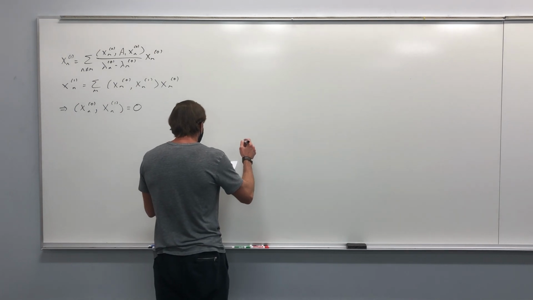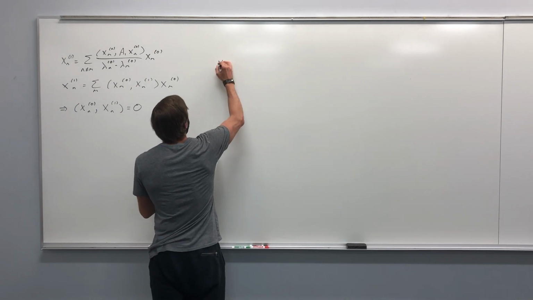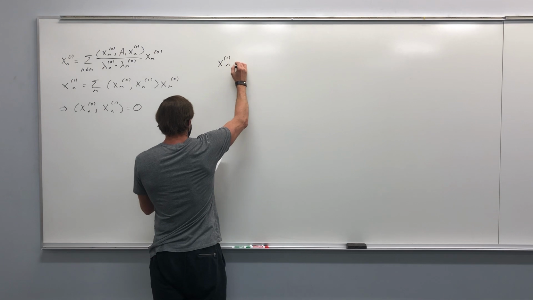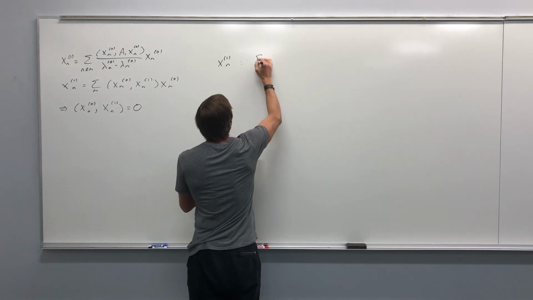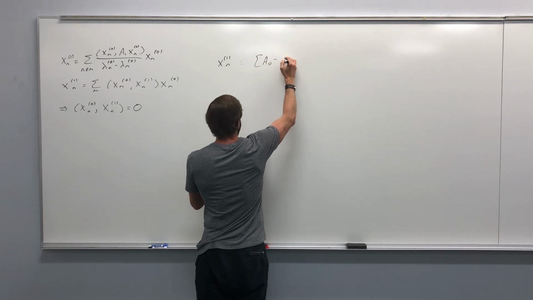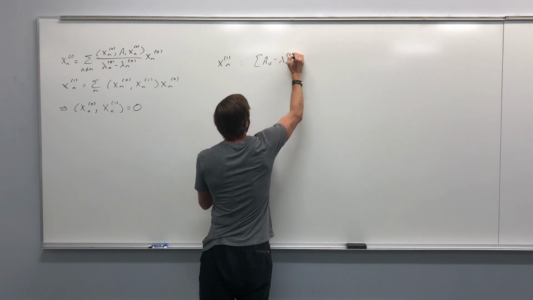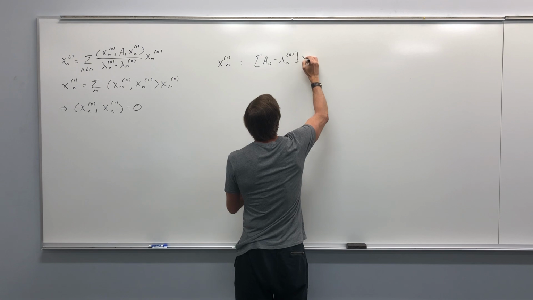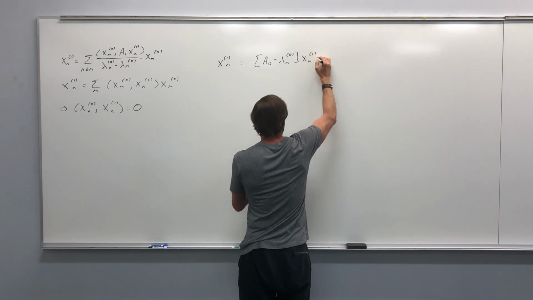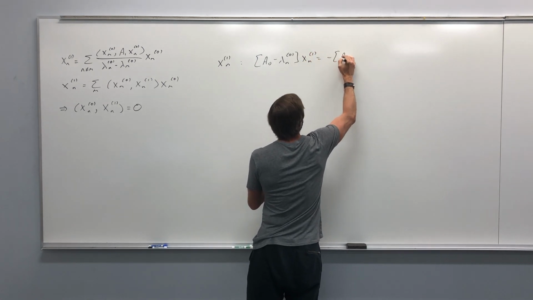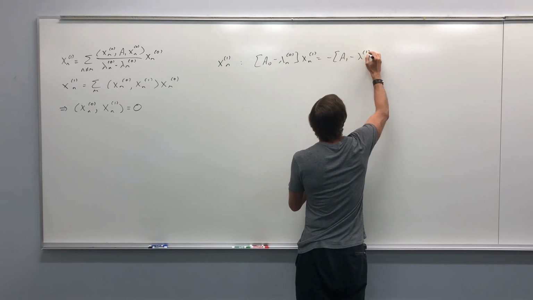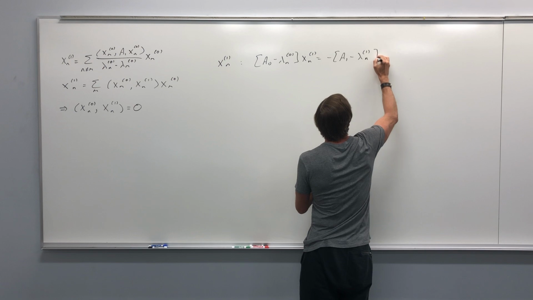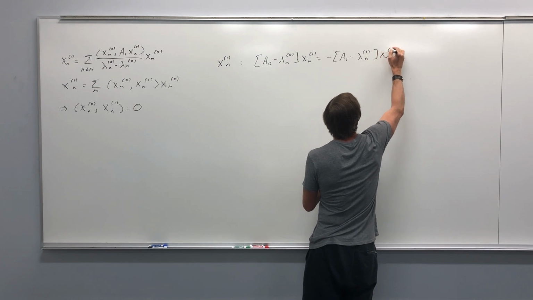So what we can say is the following. So remember, x_n^1 is a solution to (A_0 minus lambda_n^0) x_n^1 equals minus (A_1 minus lambda_n^1) x_n^0.